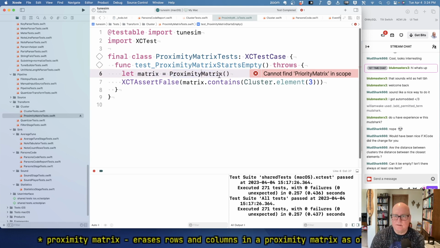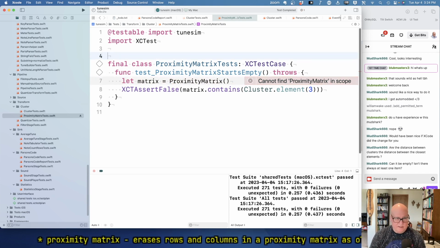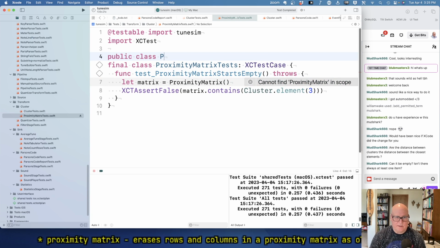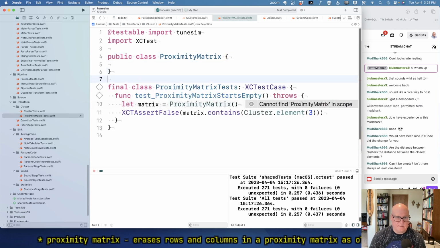Proximity matrix. Okay, and let's do this again locally just to get it going. Matrix. Okay, we got an instance, and we'll give it a function.